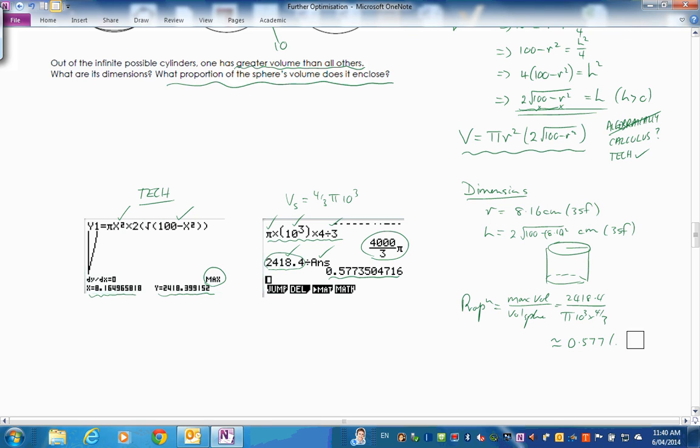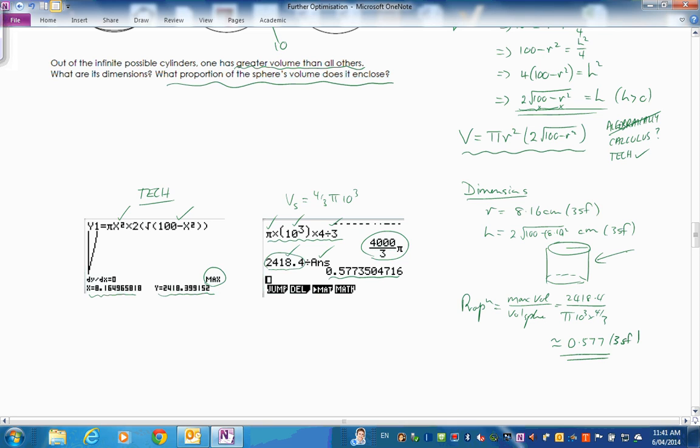And that's a proportion. It's a fraction of the total that this cylinder is going to occupy within the sphere. It's interesting stuff, isn't it?